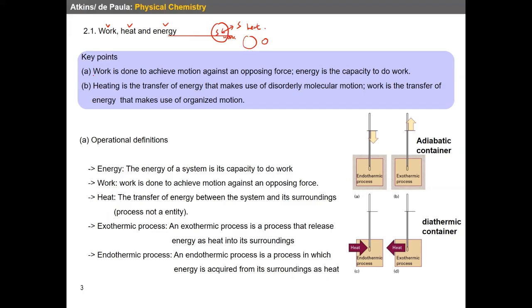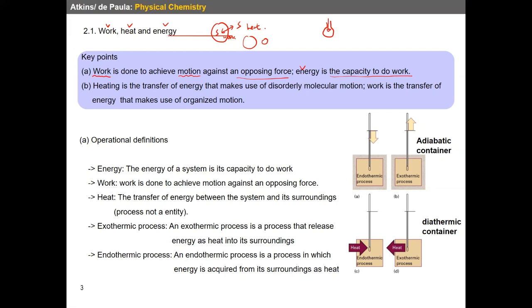First, work. Work is done to achieve motion against an opposing force. And second, energy is the capacity to do work. For example, let's assume that you blow up a small balloon.